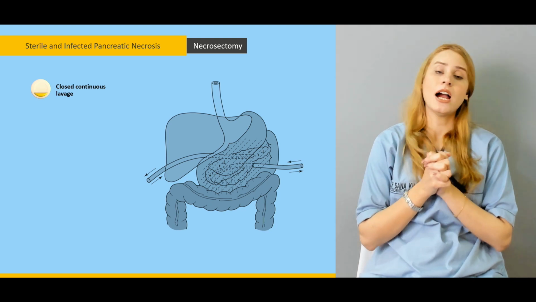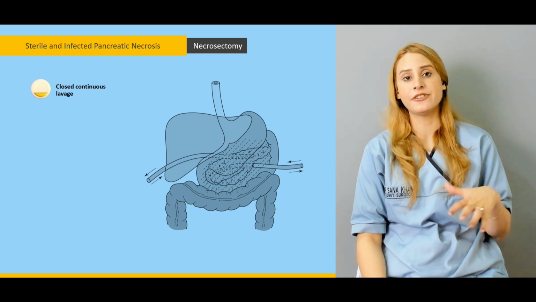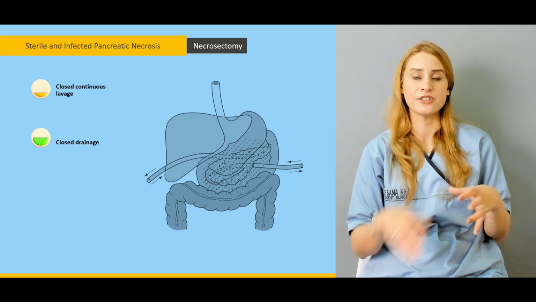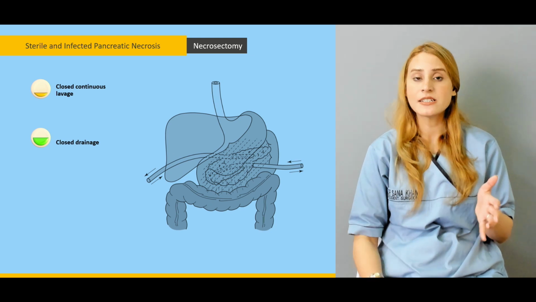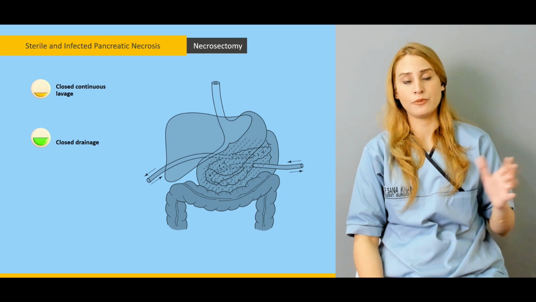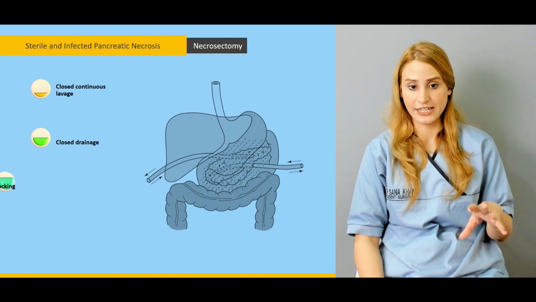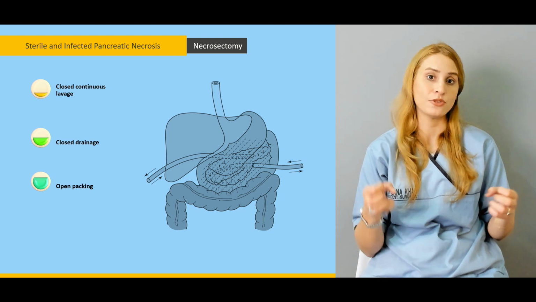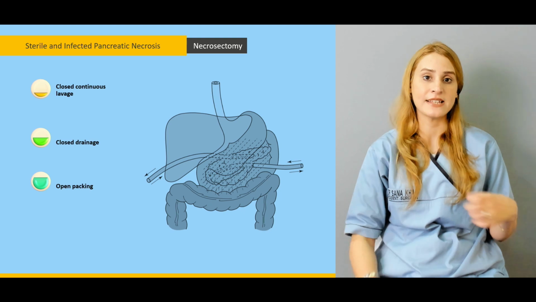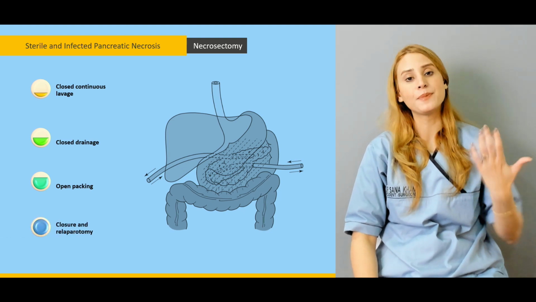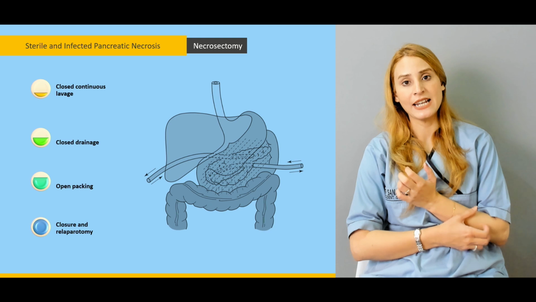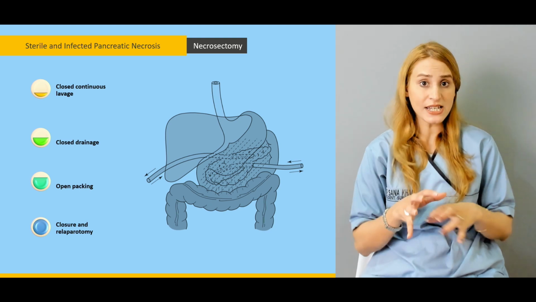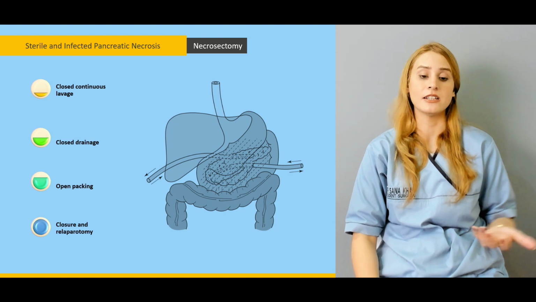So what you're going to do for that fluid collection: either you can go for a closed continuous lavage, or you can go for closed drainage, like placing a T-tube into that fluid collection after the necrosectomy. Or you do open packing, where you keep the wound open, keep the drains, and explore and change the dressing daily. Or the other option is that you just close it, and then you do the re-laparotomy.